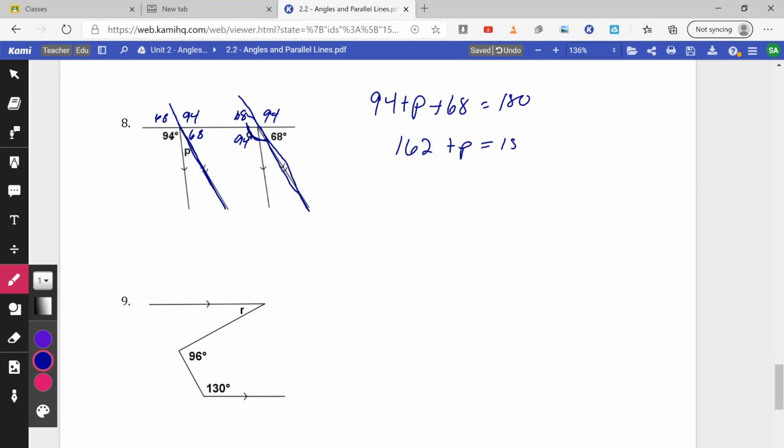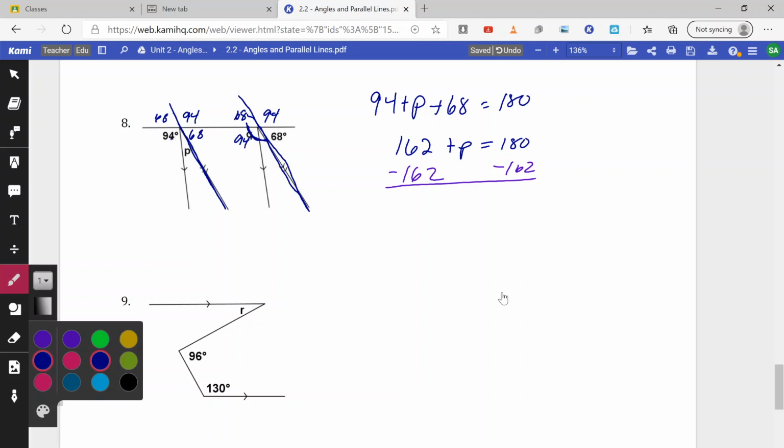And we know this is equal to 180. So I subtract 162, and we get P is equal to 18. So now we know the inside part here from my single parallel line to the double is going to be 18.